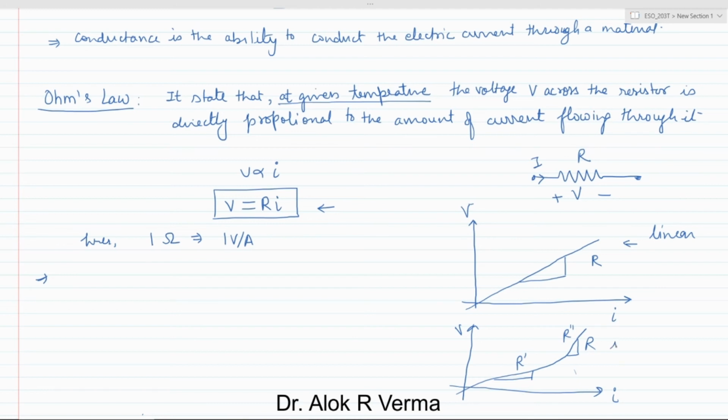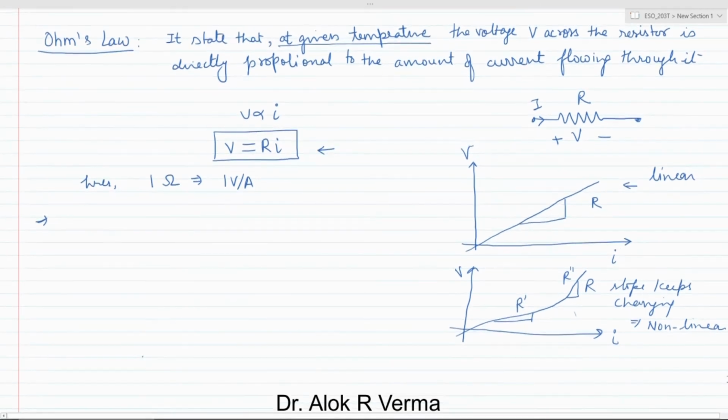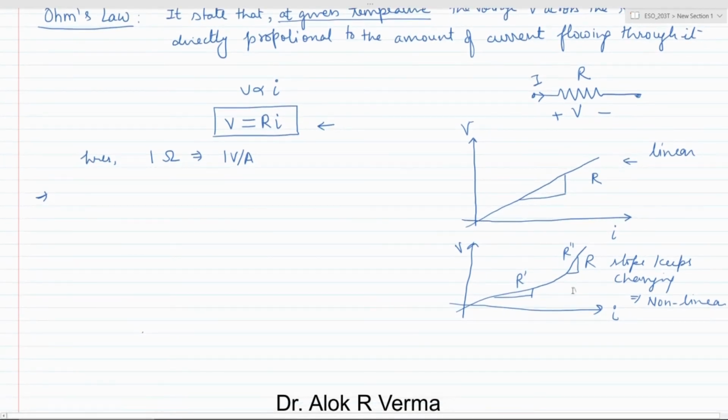The slope keeps changing, and it turns out to be a non-linear circuit.